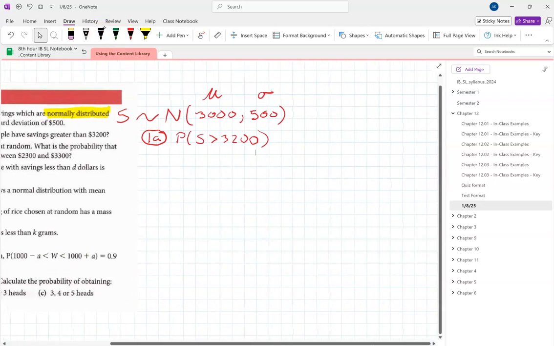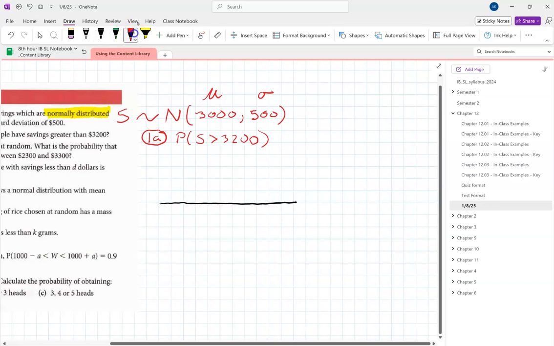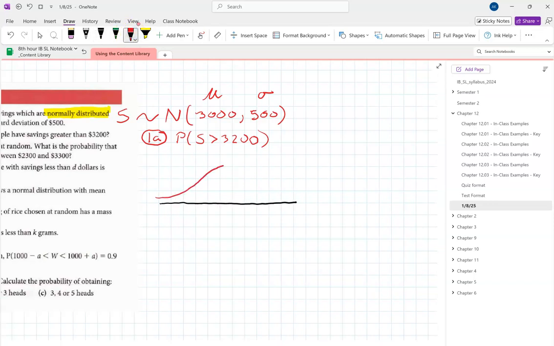So just as an aside, a visual of what we're looking for. This is what our normal distribution looks like. The middle is the mean. And then we would go up by a standard deviation.